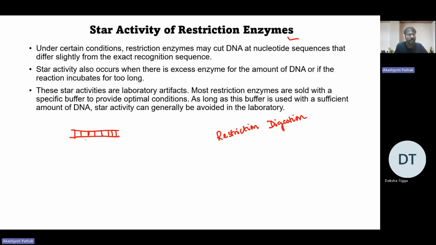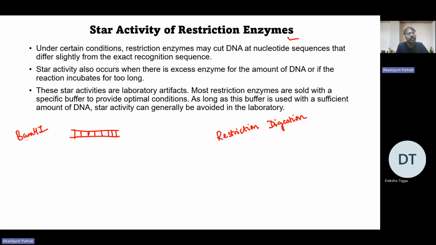Now what might happen is that the ends of your gene of interest might not have the DNA sequence which is recognized by the restriction enzyme that you have in your laboratory. For example, you have BamHI in your laboratory.